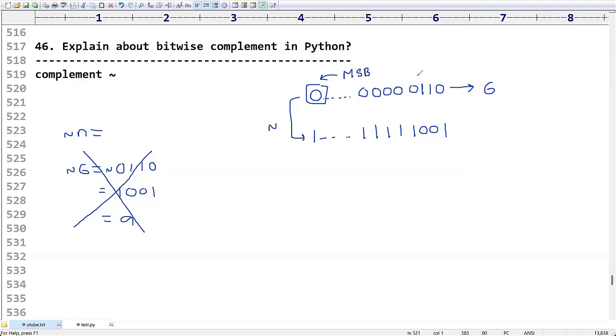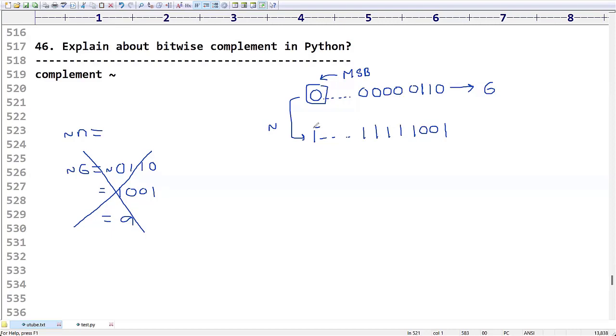MSB, most significant bit. If the most significant bit is 0, then that number is nothing but a positive number. Directly we can convert that number into decimal, there is no issue.